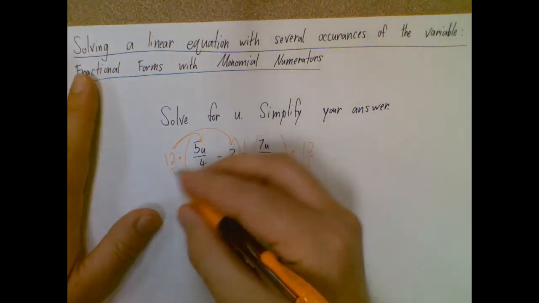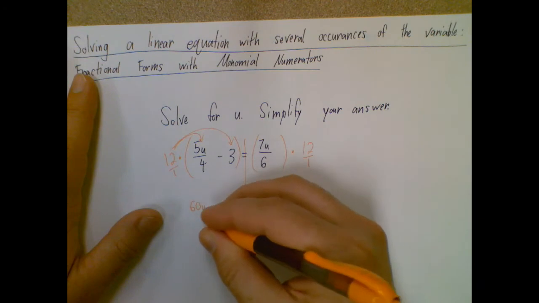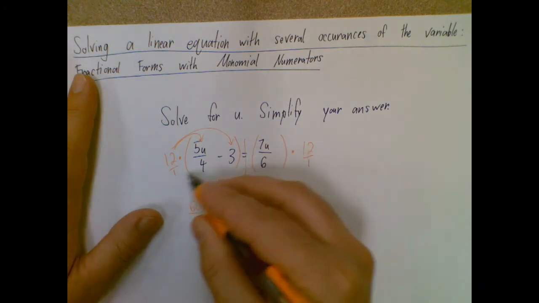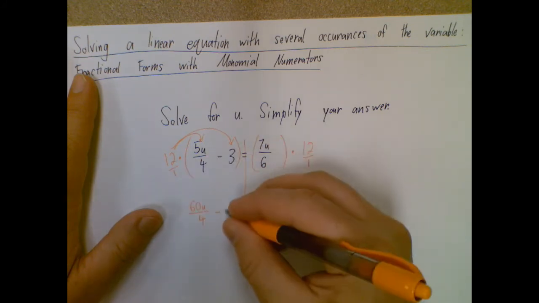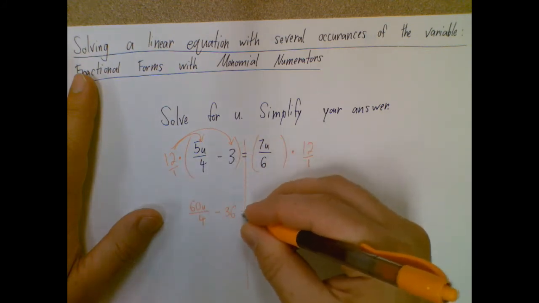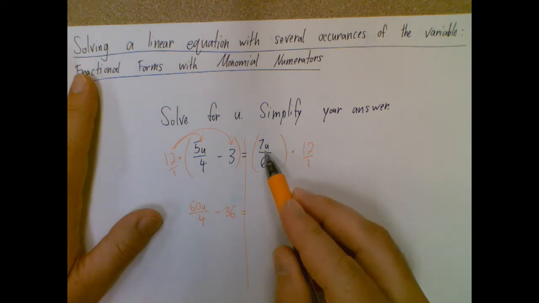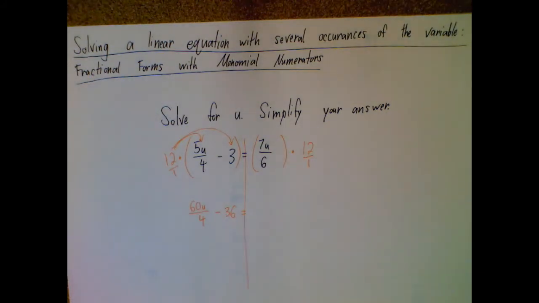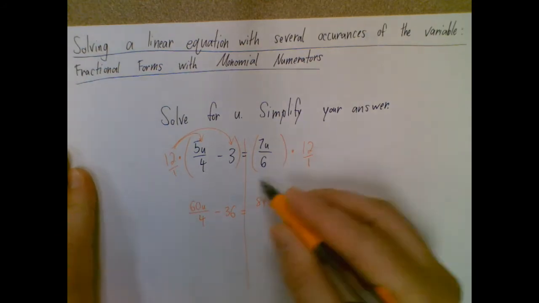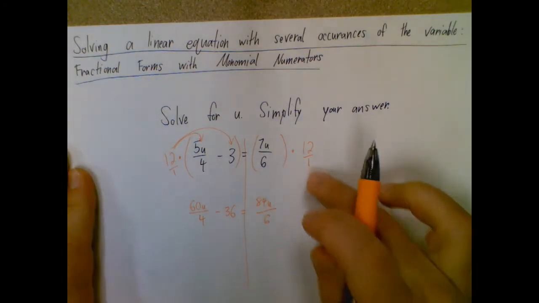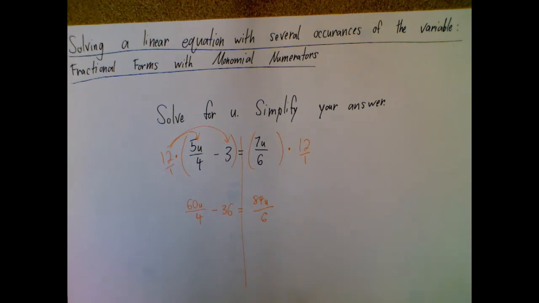So I'm going to end up with 60u over 4, because it's 1 times 4, so that 4 is not going to change. And then minus 12 times 3 is 36. And then on this side, 7u times 12, which is going to end up being 84u. And then once again, the 6 is not going to change because it's just times that 1 under the 12.